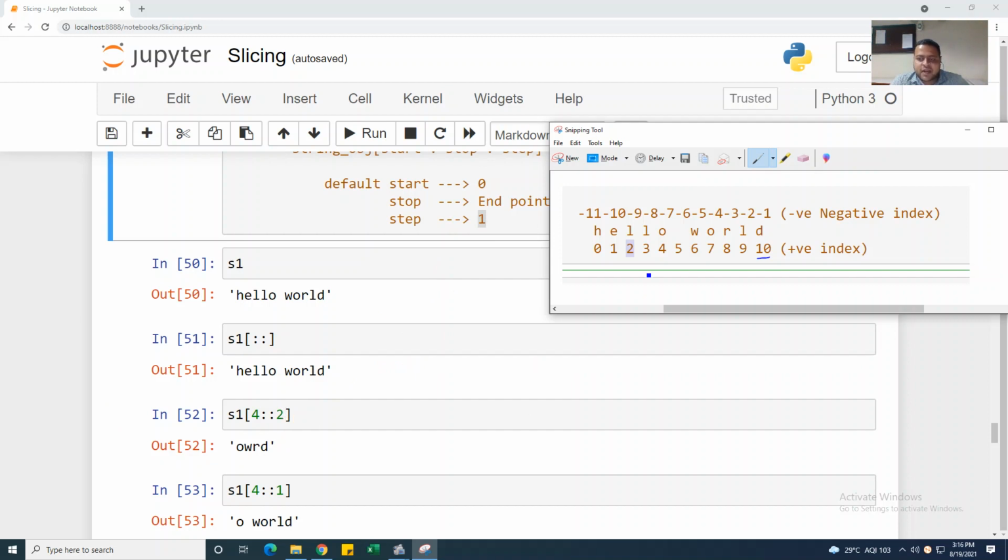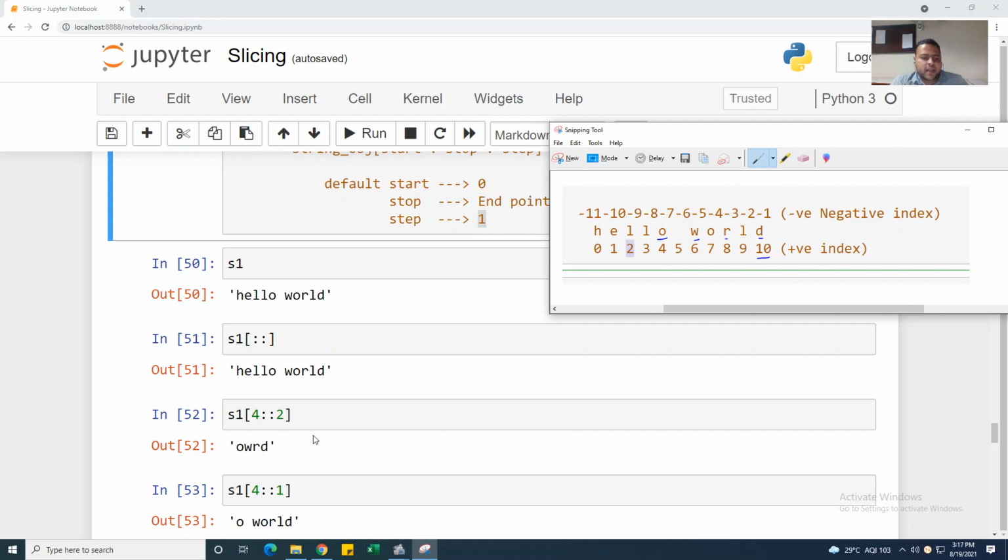So it will start with the 4, this O. Then space, then W. So it will print W over here. Then again 1 plus 1, 2, R. And then 1 plus 1, 2, skipping L, D will come. So it will print D because by default it ends at the endpoint.